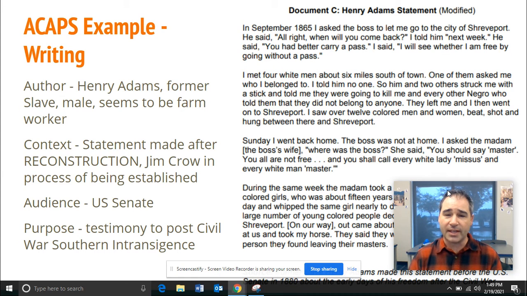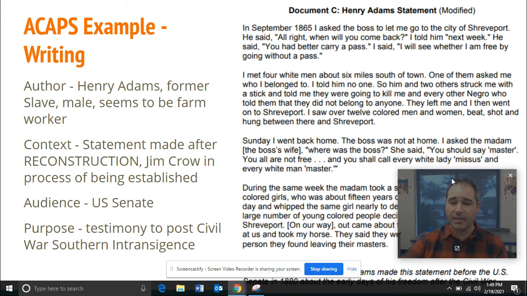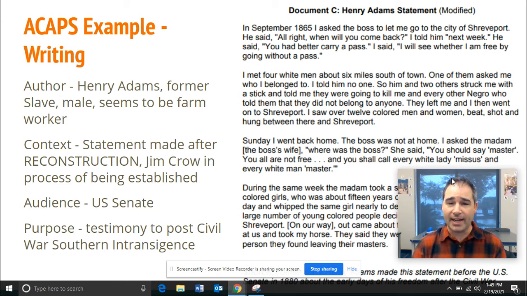However, a historian would look at that and they're going to look at the bottom of this screen and they're going to see that Henry Adams was making his statement in 1880. This is 15 years after this event. They're also going to see that he's making this statement to a very particular audience.